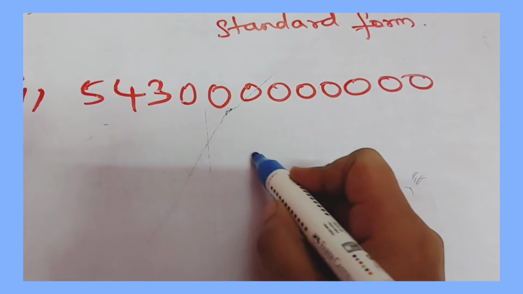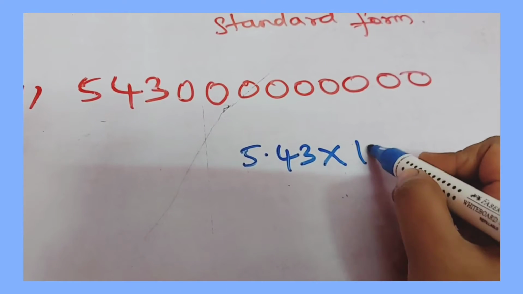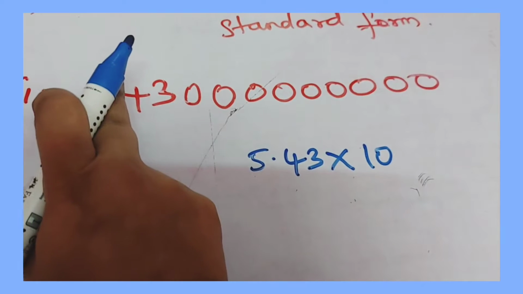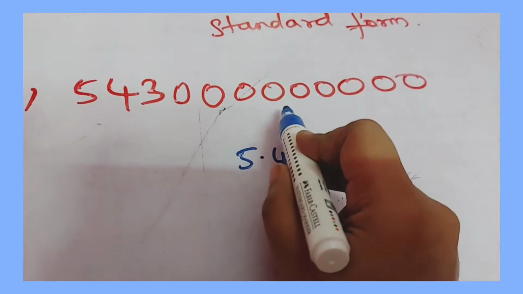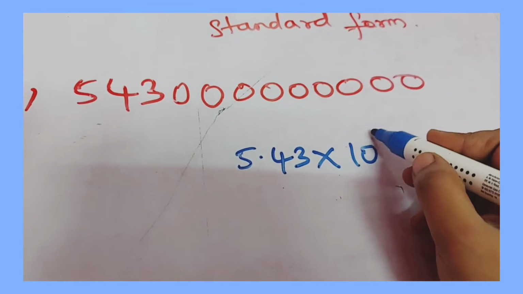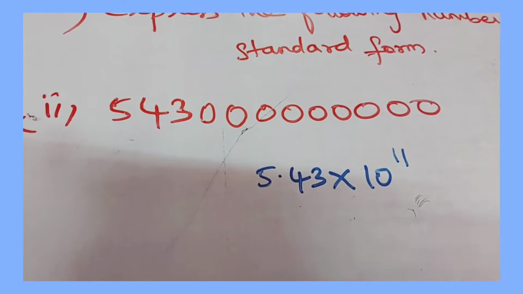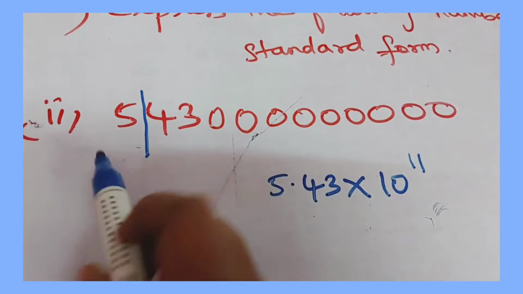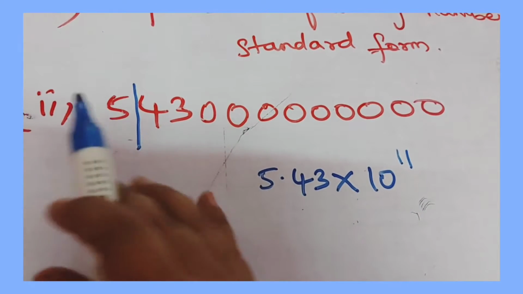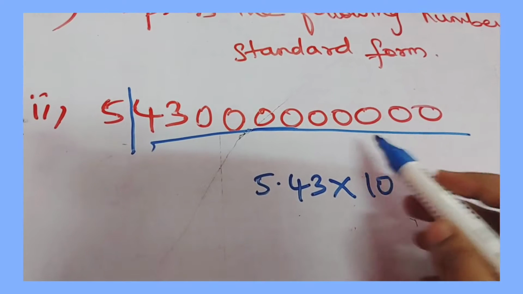So 5.43 you have to take, 5.43 into 10 to the power of, and you have to leave this first number. Then 1 2 3 4 5 6 7 8 9 10 11. It is 11, 10 to the power of 11. So this is the answer. So don't get confused. Don't count this number, as we are taking it as 5.43 here. You have to count all the remaining numbers.